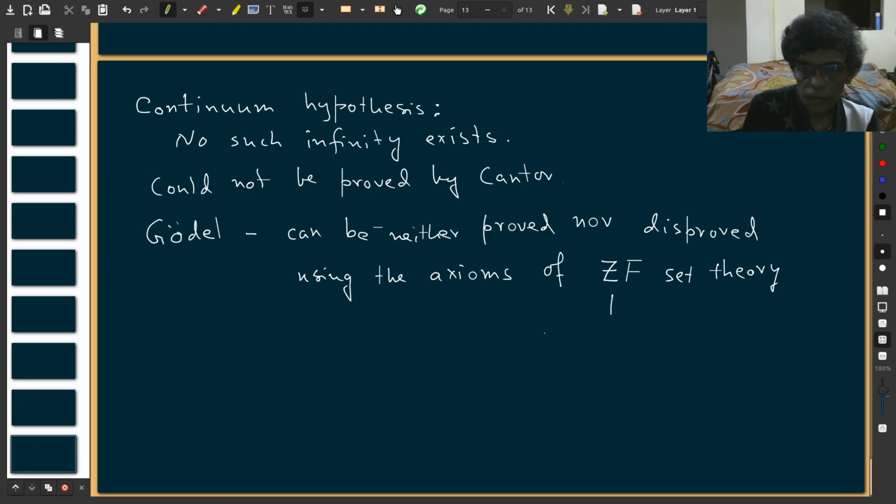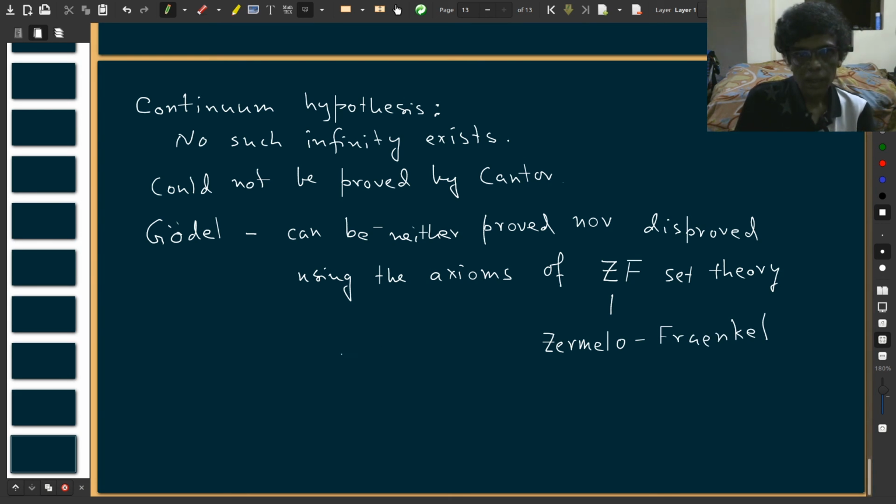So, this is Zermelo, Fraenkel. Okay. And there is another axiom which is called Axiom of Choice, which is actually equivalent to many other axioms like Zorn's lemma, Hausdorff maximum principle, well ordering principle, and there are many things.